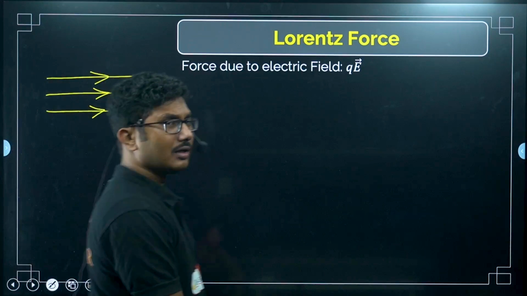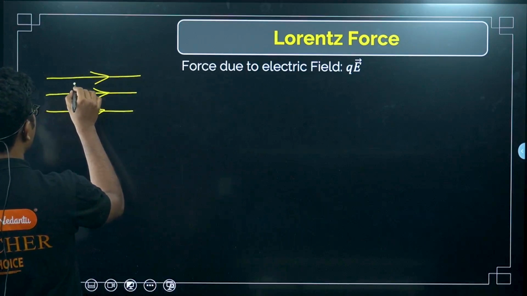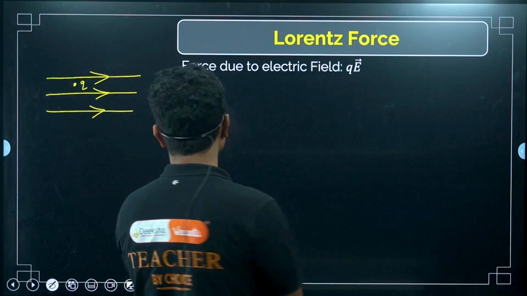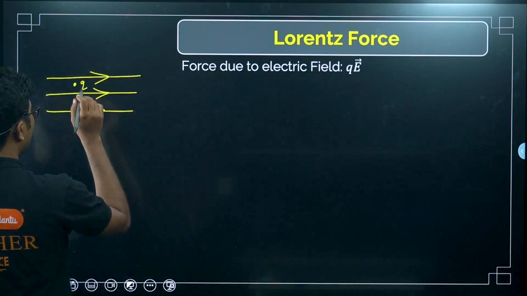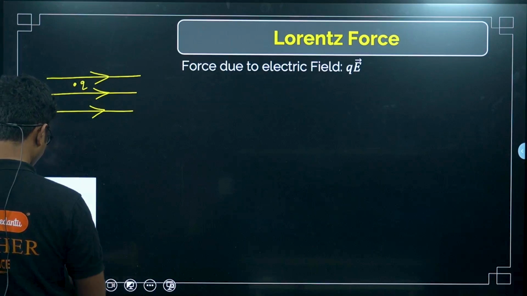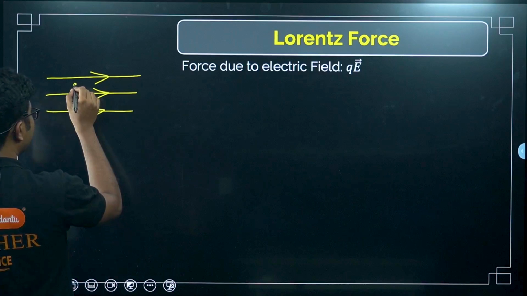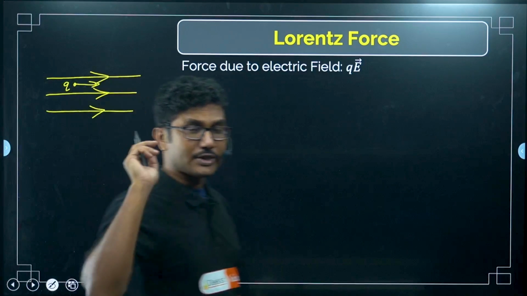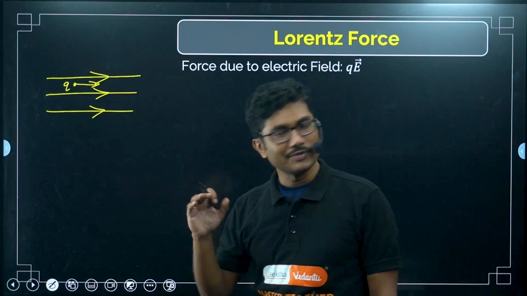Now, suppose we have an electric field and we keep one positive charge, say Q, here. Then this charge will experience a force in the direction of the electric field. You should remember, if the charge is positive, it experiences a force in the direction of the electric field, not opposite.